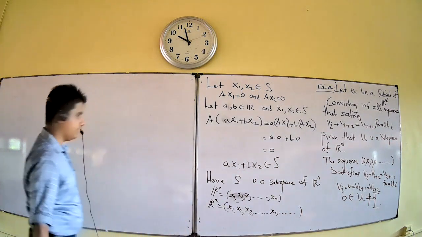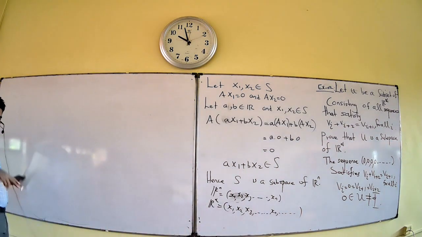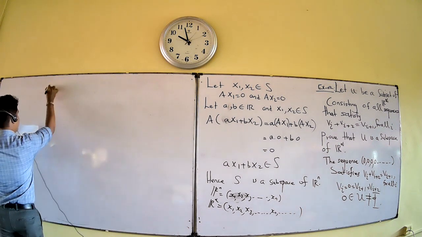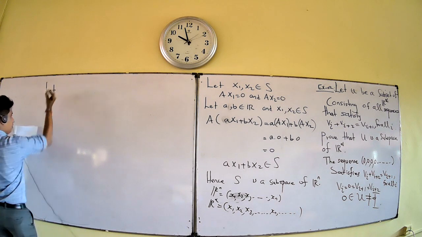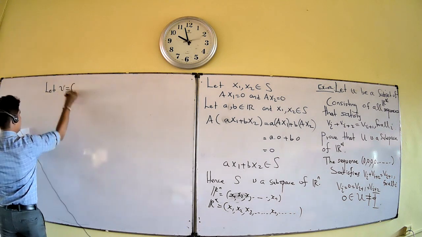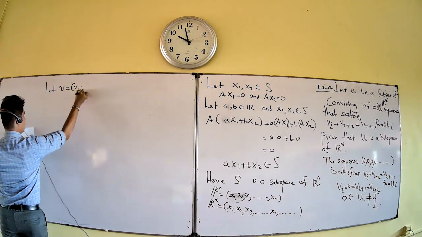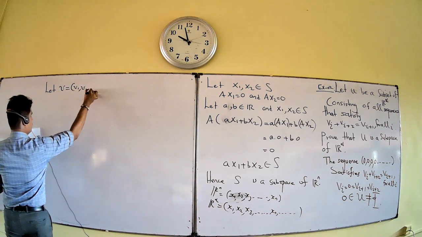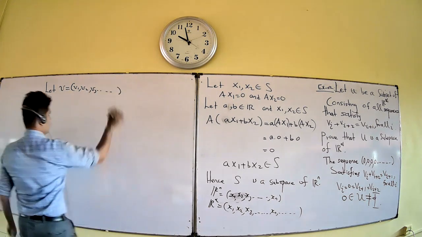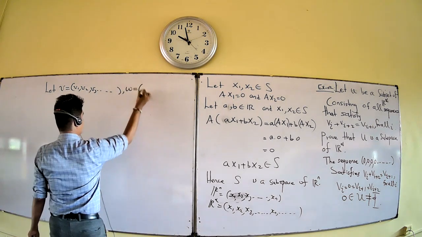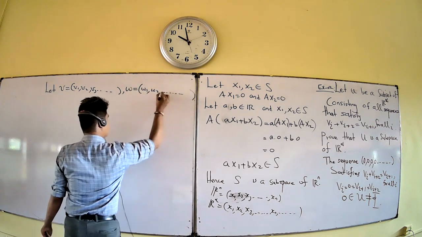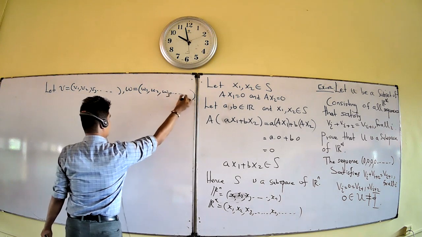Okay. Next claim is for the vector addition part. Let you take a sequence V: V1, V2, V3, and so on, and a sequence W: W1, W2, W3, and so on.